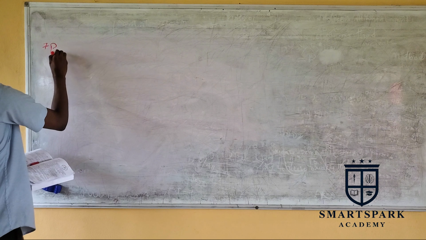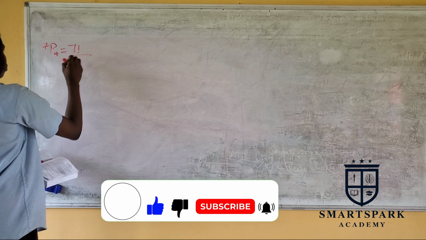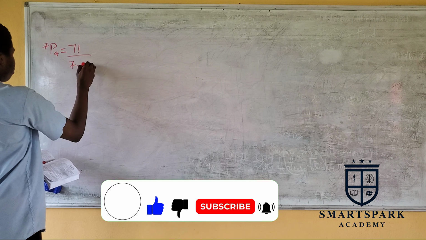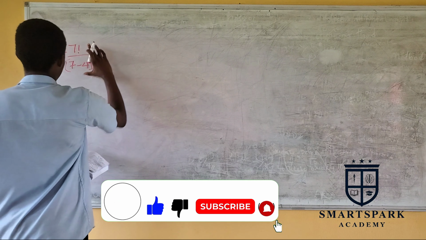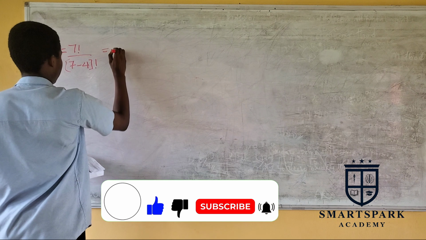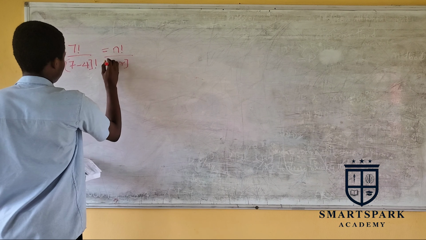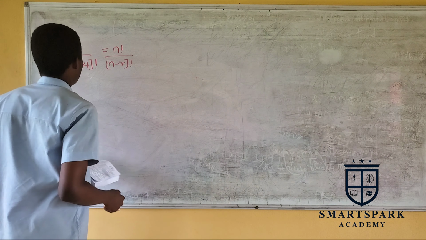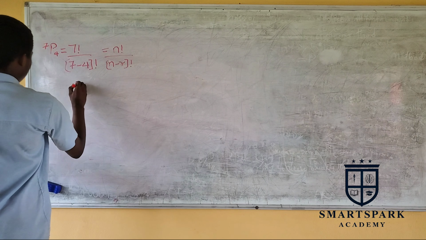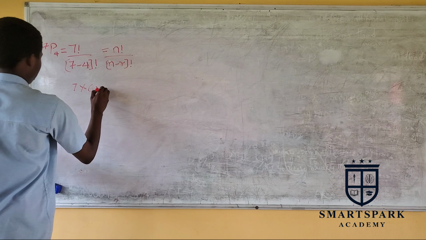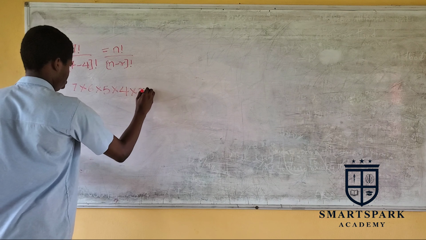So this is 4. Now we are going to be doing 7 permutation 4, which is 7 factorial over 7 minus 4 factorial. This expression is derived from the formula n factorial divided by n minus r factorial. So now what we are going to do is solve this expression. So this is 7 times 6 times 5 times 4 times 3 factorial.